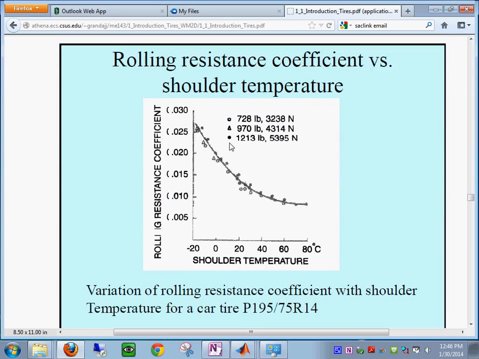Here's another thing: rolling resistance coefficient versus shoulder temperature for different kinds of tires. This test was done on a P195/75R14.